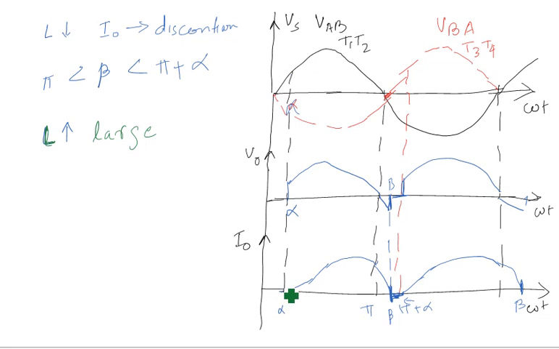Check the current cycle. It will start conduction, reach the peak value, and go to pi plus alpha, but it will not touch zero. It will remain there, and it will again start from there.